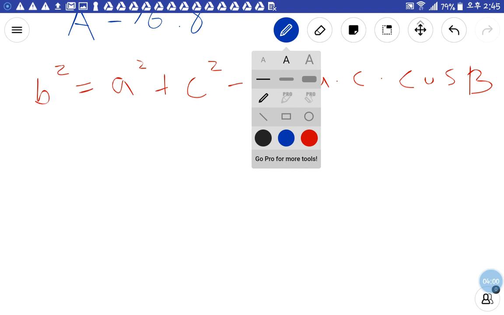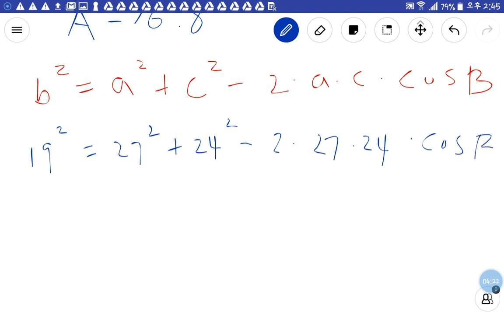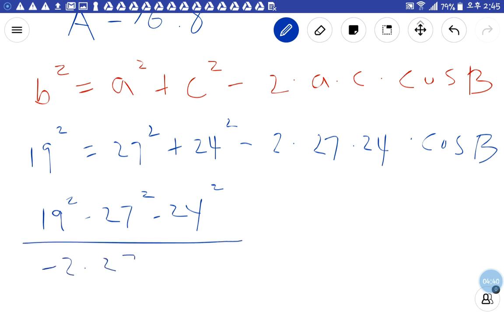My B would be 19, and my A would be 27: 27 squared plus 24 squared minus 2 times 27 times 24 times cosine B. Move everything to one side, and divide by negative 2 times 27 times 24, which equals cosine B.